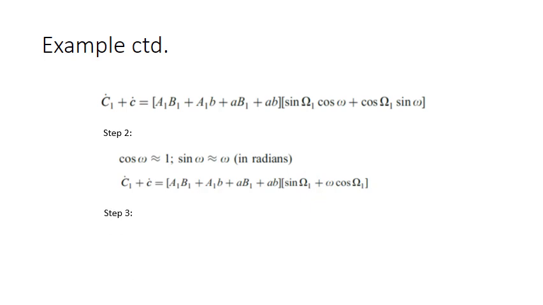Then applying step number 3 by assuming products of small perturbations are negligible, we get small a times small b will be equal to 0. First we will get rid of the term a times b. So we get the following.